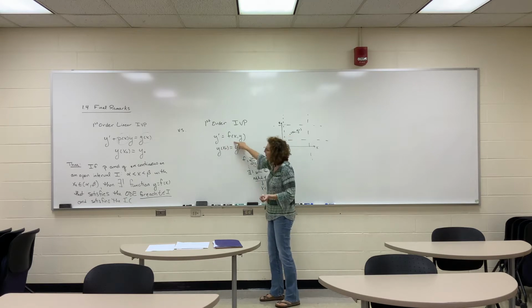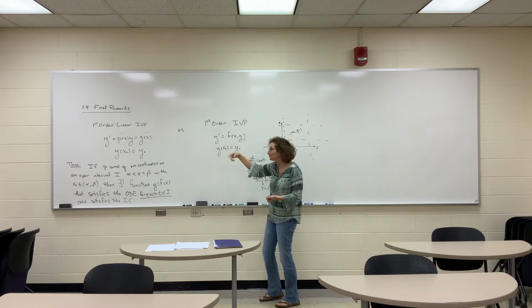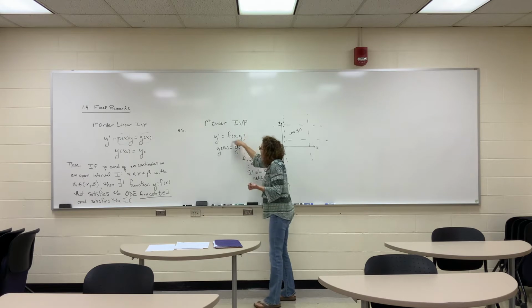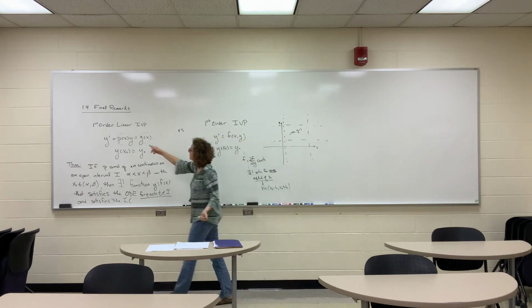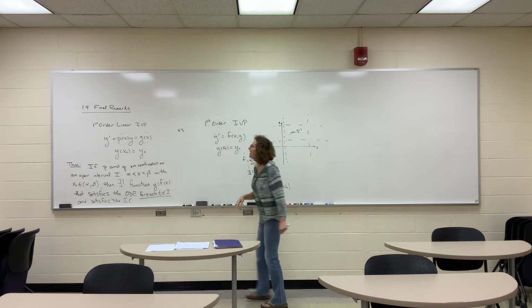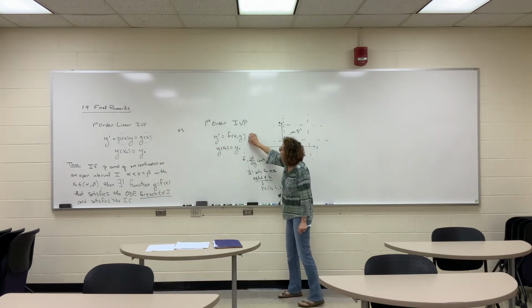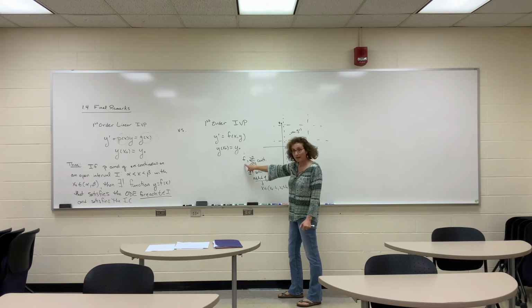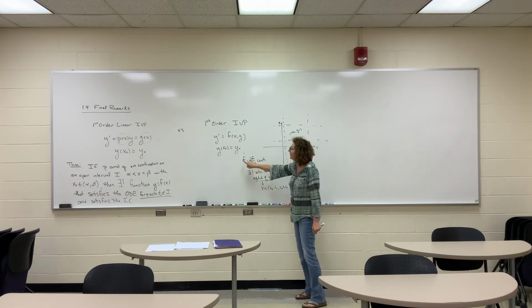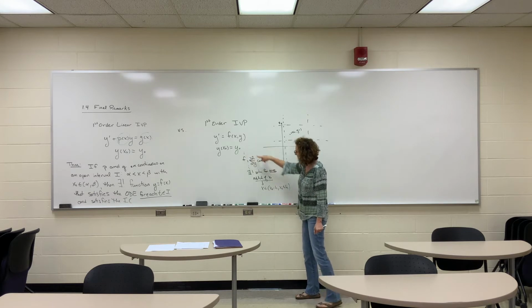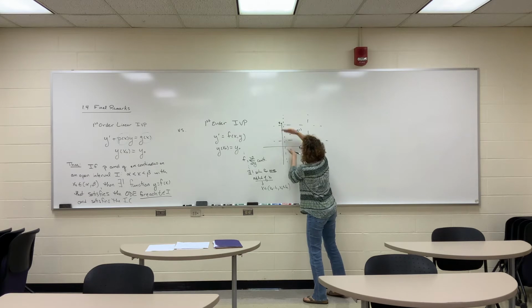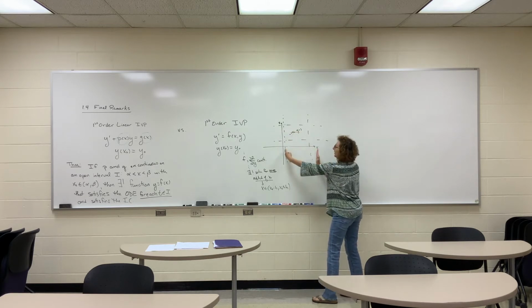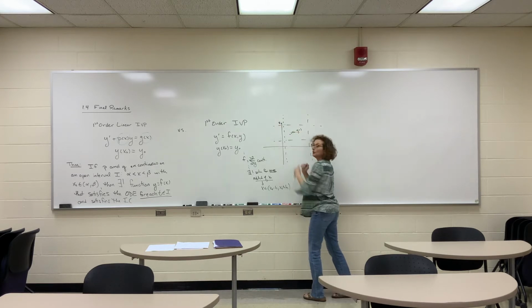It just has this more general form, where you have some function of x and y, so it would be nonlinear in general. It wouldn't just be minus p of x times y plus g of x. And what did we say? As long as the existence and uniqueness theorem conditions held, we needed this function and its partial derivative with respect to y to be continuous. So we found regions around x naught and y naught, how far out you could go in x and how far out you could go in y.